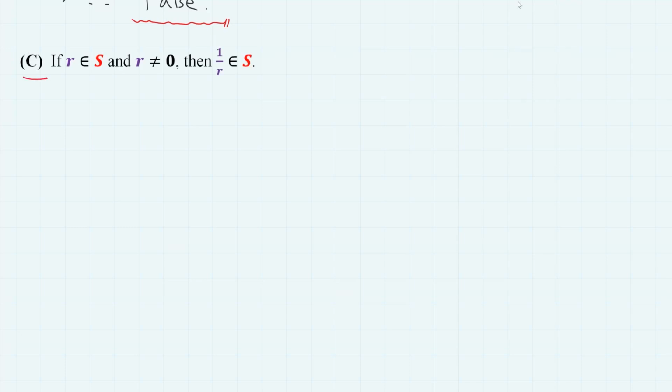Finally, choice C. Here, since R is non-zero, we know that 1 over R is also non-zero.